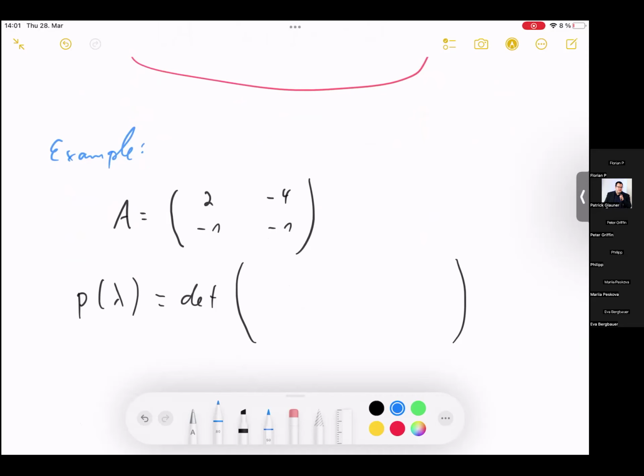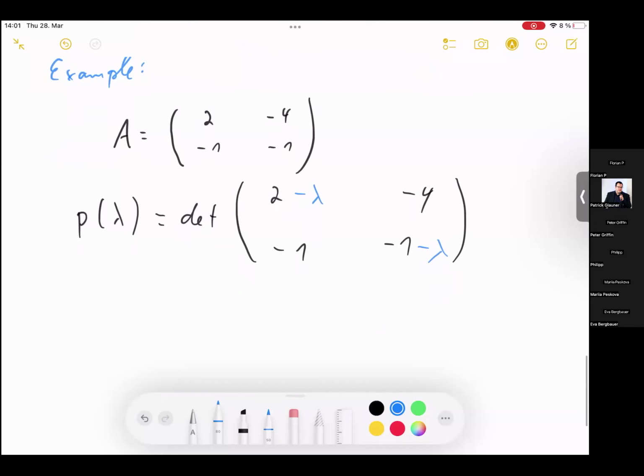So the non-diagonal elements, they're not affected. So the -4 and the -1, they're not affected. And I have my 2 and my -1, and I'm subtracting in the diagonal lambda. So I'm writing here minus lambda, and I want to know the determinant of this.